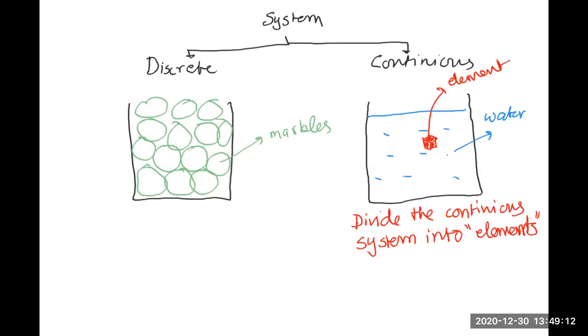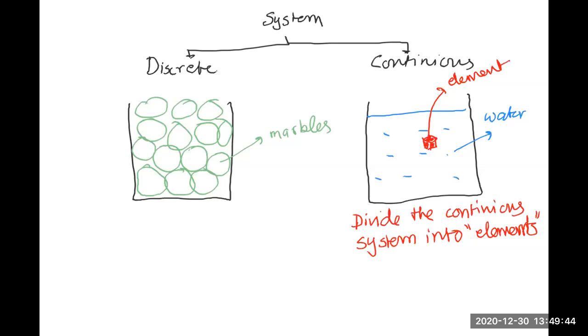Is this teeny tiny cube smaller than the molecule of water? No. In physics, what we will try to do is take an element which has a geometrical size which is infinitesimally smaller than the size of the whole system, but it contains a lot of atoms and molecules, right?